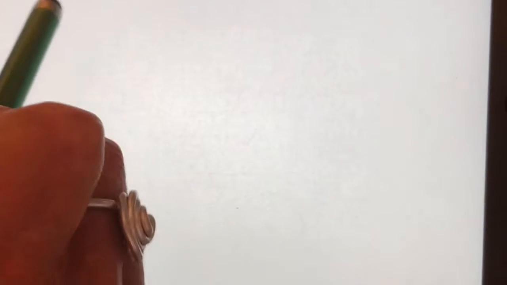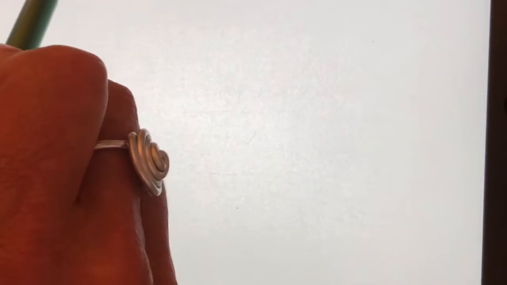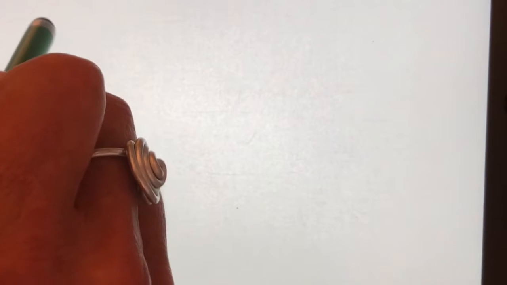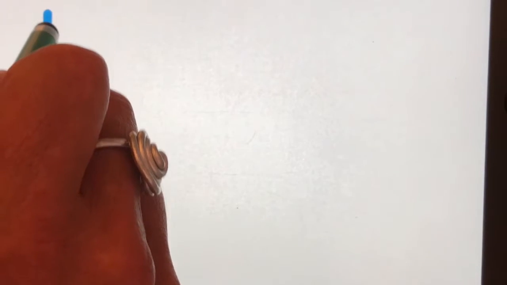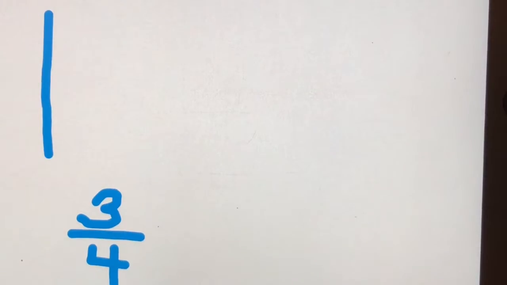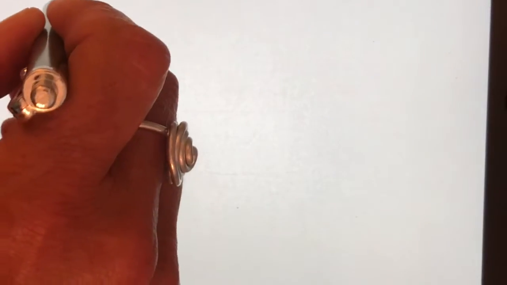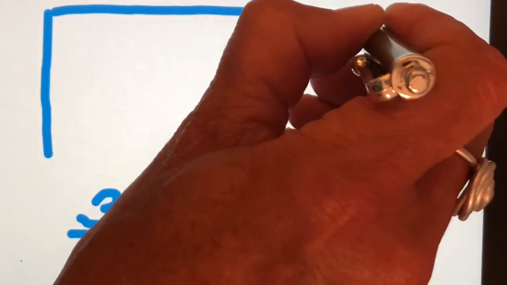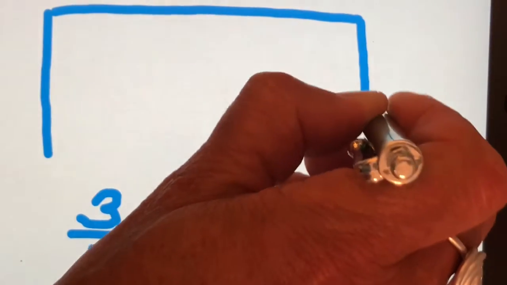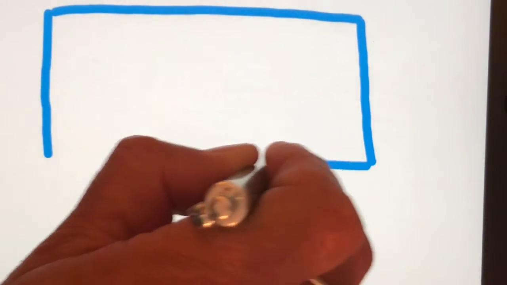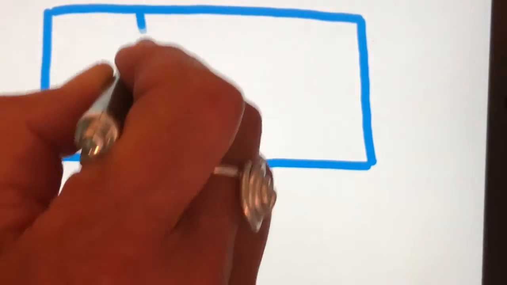So up here, I'm going to draw an area model, and I'm going to use this area model to help us understand visually what's going on. So if I want to represent 3/4, the first thing I need to do is I need to represent those 4 unit sizes. So that means I have to have 4 parts.